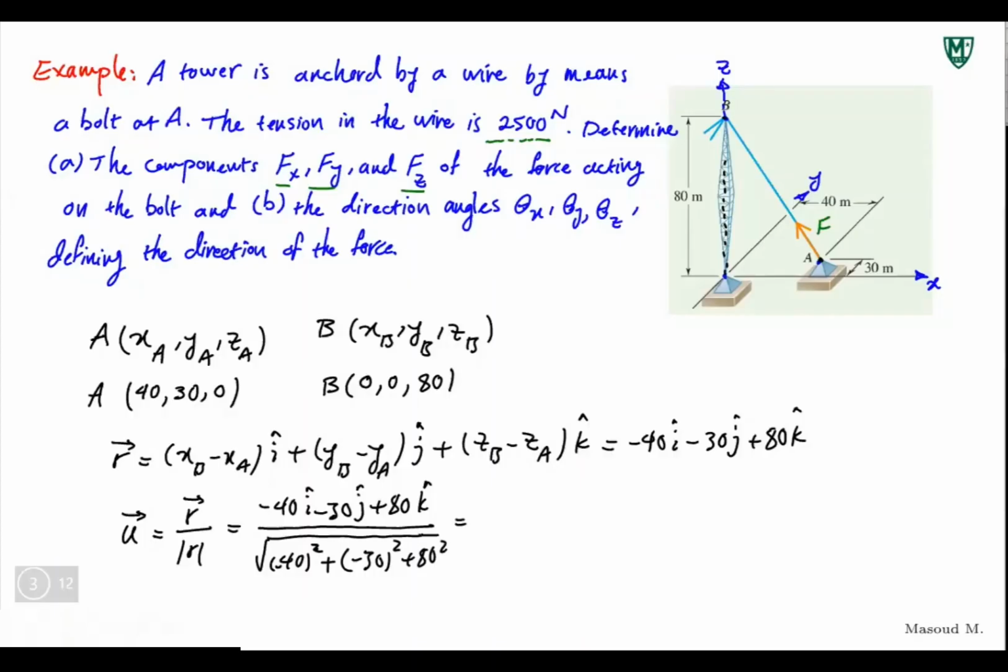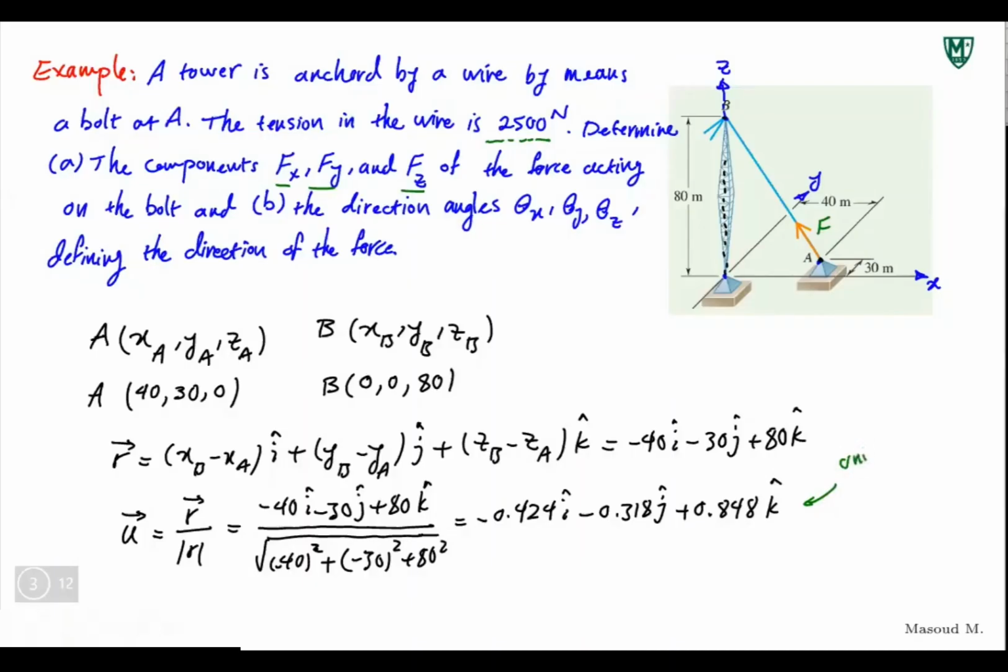You do this math, you will get the unit vector. So the values you're going to get are minus 0.424i minus 0.13j and plus 0.848k.